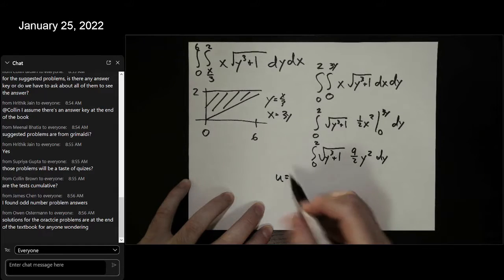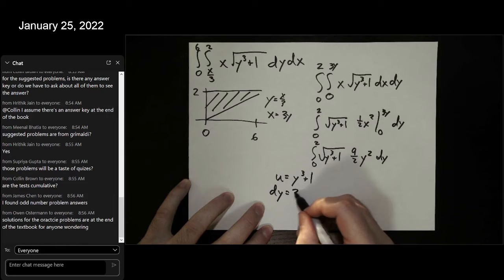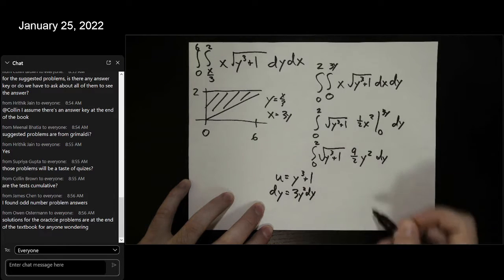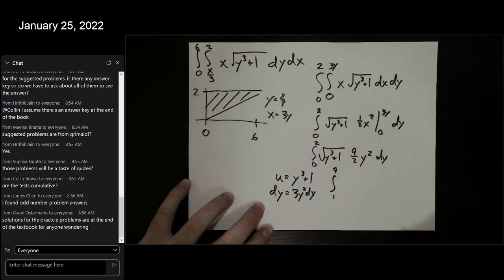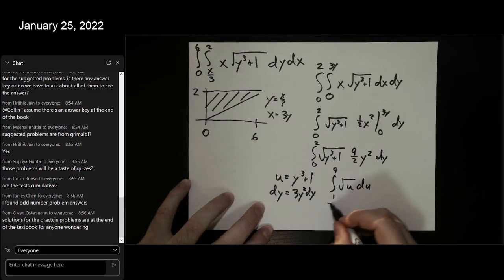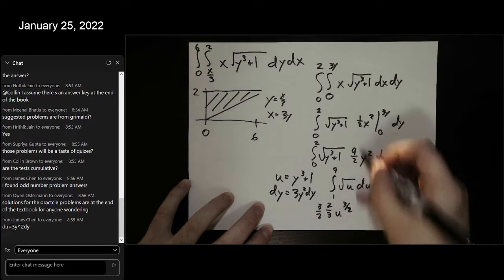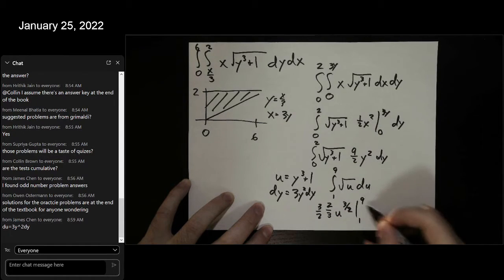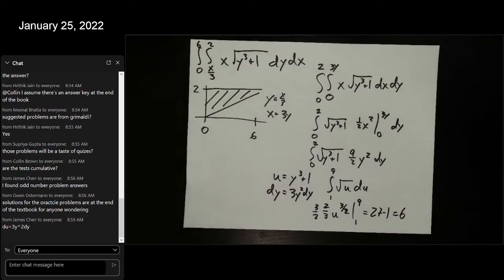I can make u equal to y cubed plus 1, which makes my du equal to 3y squared dy. Substituting that in and, of course, changing the bounds, I get the integral where u goes from 1 to 9, square root of u du, which is simply 2/3 u to the 3/2, times the 3/2 that's left over from this, evaluated from 1 to 9, which will give me 27 minus 1, which is 6. All right, beautiful problem.